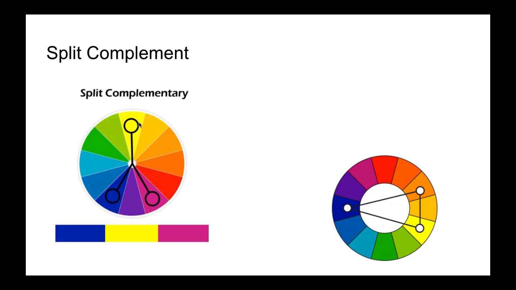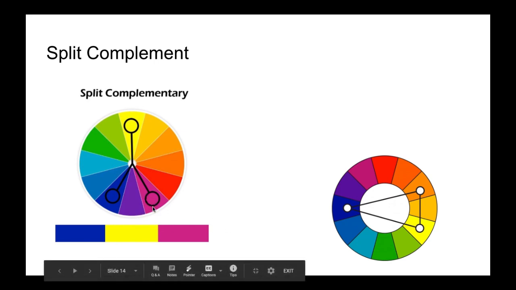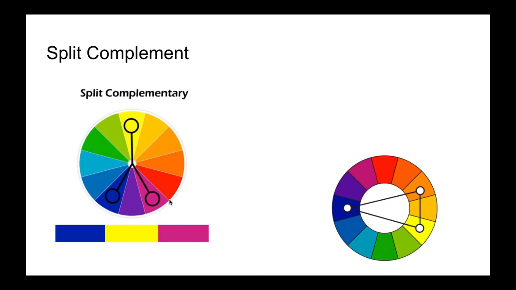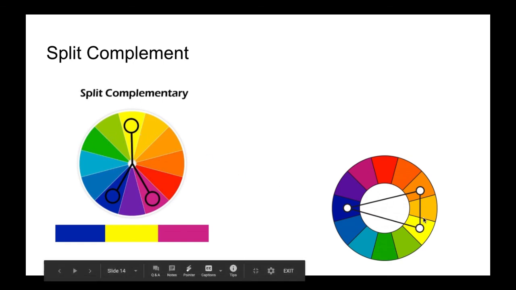So we have yellow, and then we have the purple blue on this side of purple, and we have the purple red on this side. So we can go in the opposite direction. We can take purple and use the colors on either side of yellow. So we can use this yellow green and this orange, which is what we show over here.